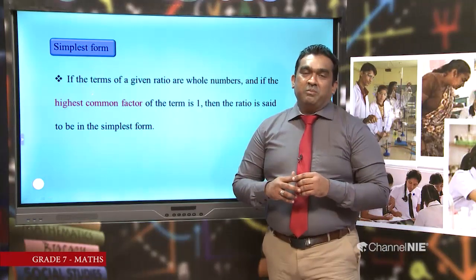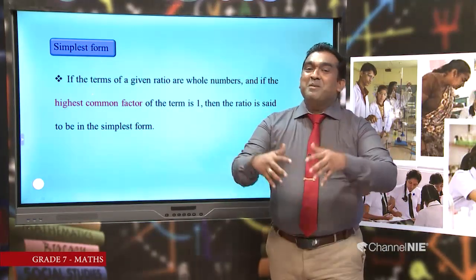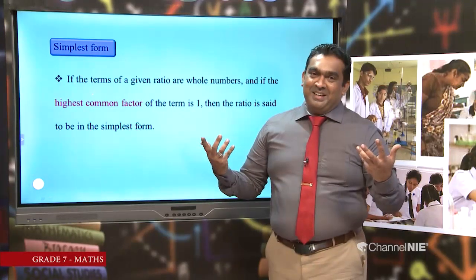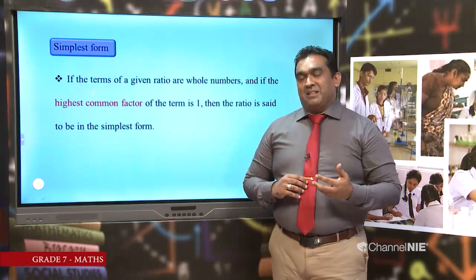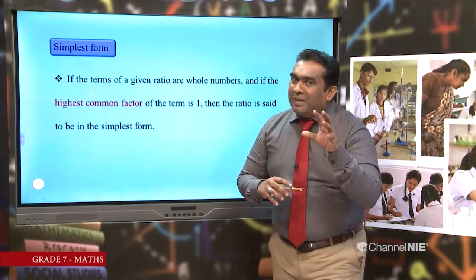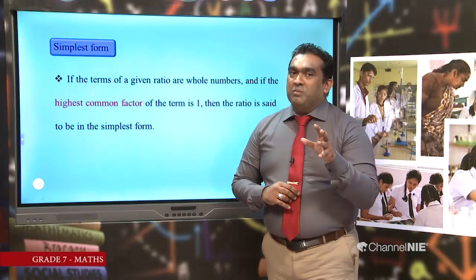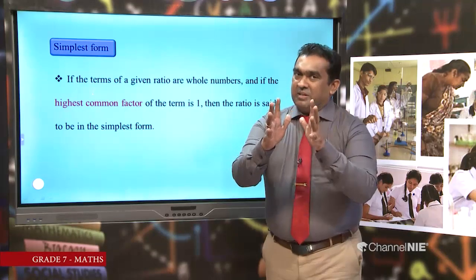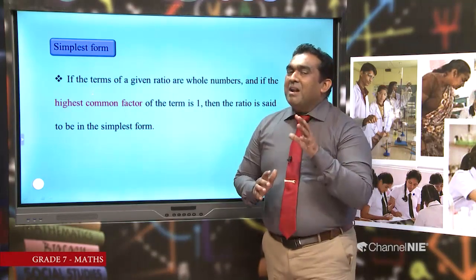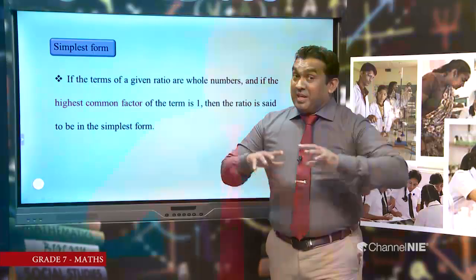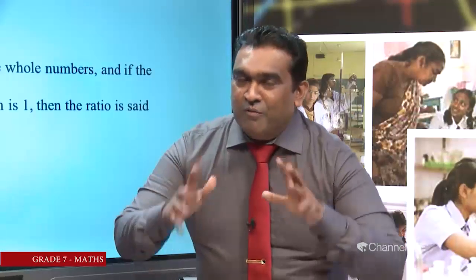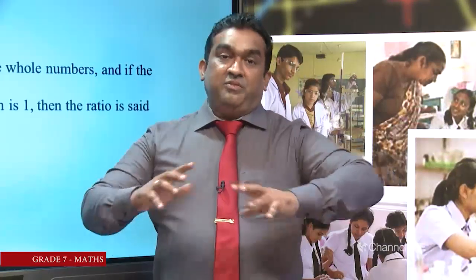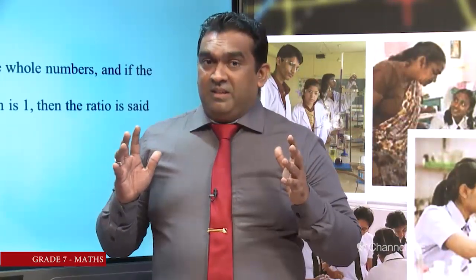Simplest form. Simplest means no more forms after that. My kids, simplest form is a form after applying only division, not multiplication. Remember that in simplest form we use only the mathematical operation division, but we don't like to divide, right?